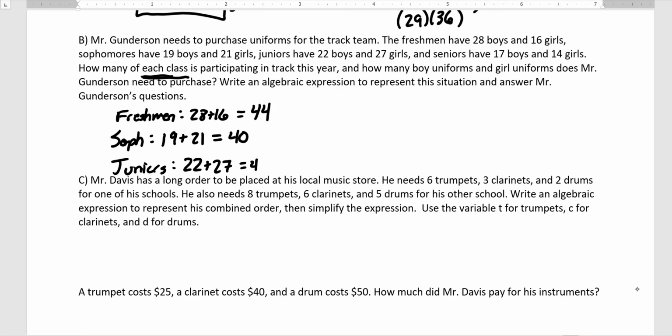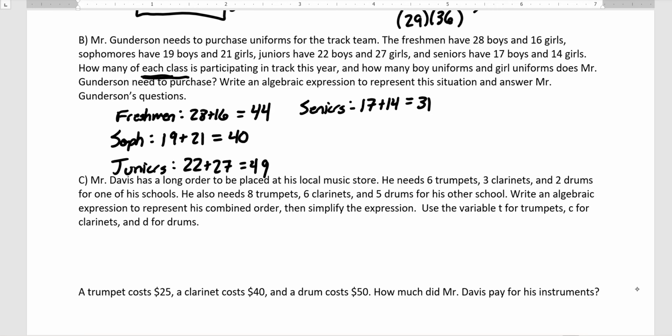That would be 49. And seniors, we have 17 plus 14, so that would be 31. So that's how many of each class is participating. How many boy uniforms and how many girl uniforms does Gunderson need to purchase? Write an algebraic expression to represent the situation.